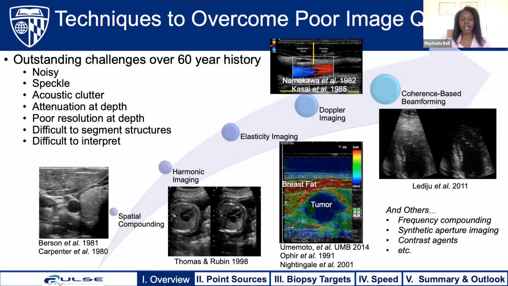Yet they all rely on the same raw ultrasound data to make images. So I believe that this requires us to rethink the image formation process to determine if we can address multiple challenges in a single step.